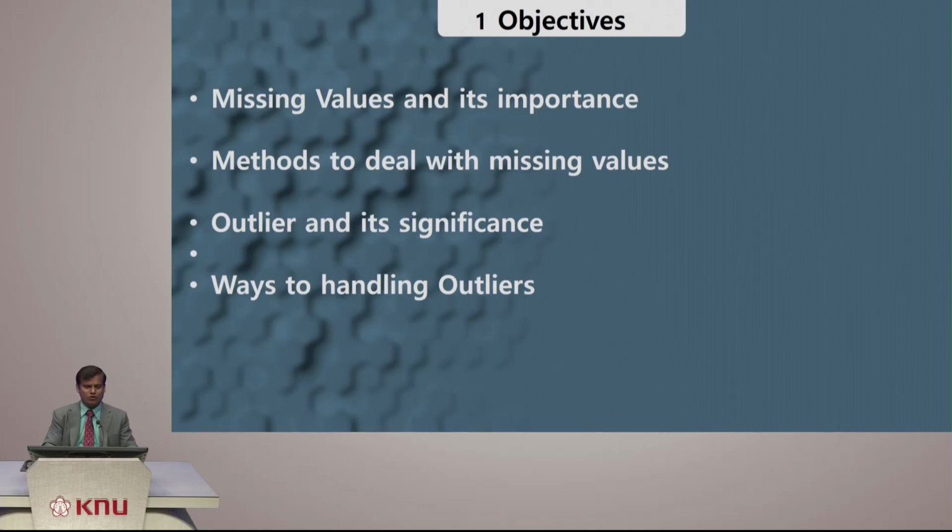Then comes the outliers and their significance, why they are important, and ways to handle the outliers. These are some of the topics of today's discussion. Basically, we are going to focus on missing data and the outliers.